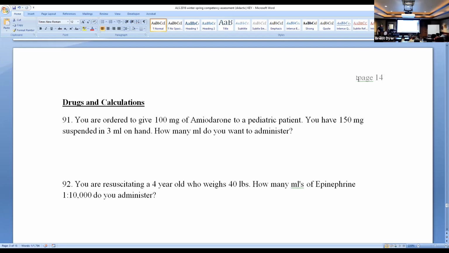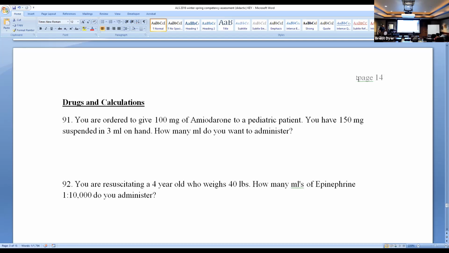All right, so this one's pretty easy to eyeball and use ratio to proportion, but there is a formula. The formula that should be used anytime you need to determine a smaller dosage or a smaller volume that would yield a smaller amount of weight-based medication is what you want divided by what you have, multiplied by the milliliters that you have.